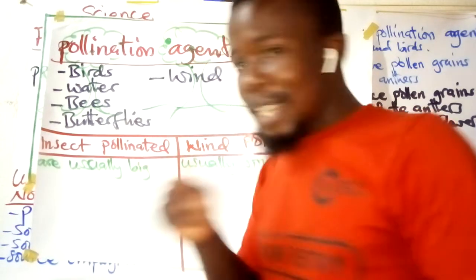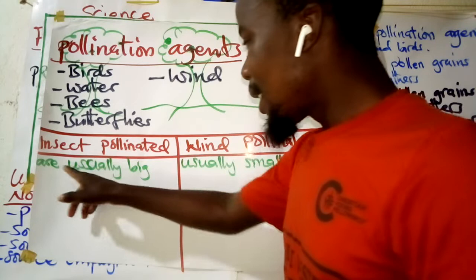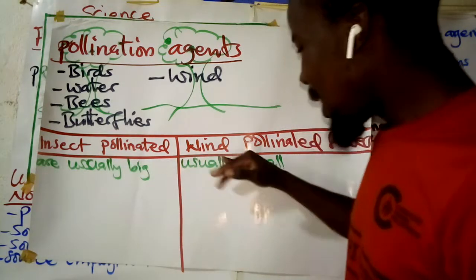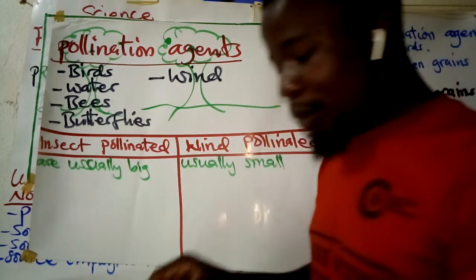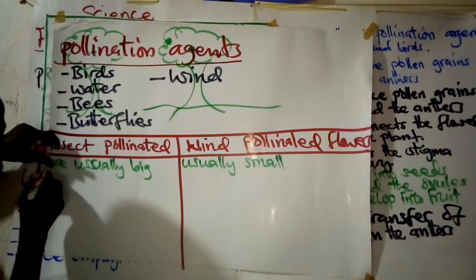So, number one, they are usually big. They are usually small. Number two, brightly colored.